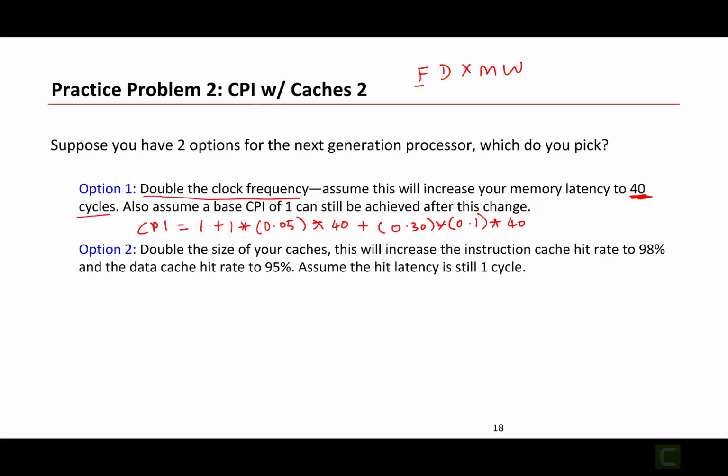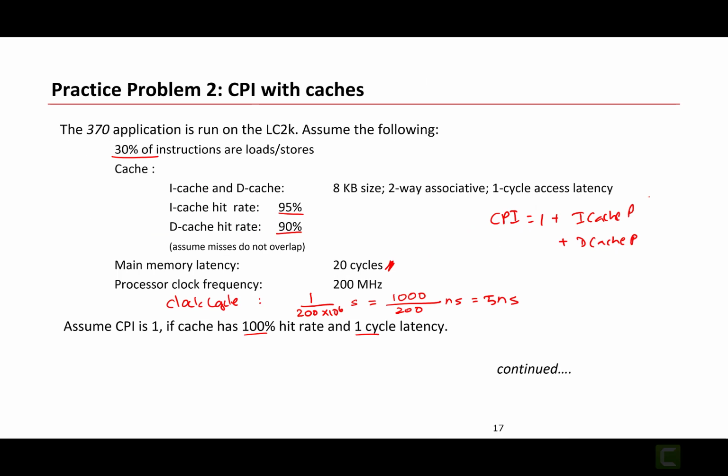So why is it the case that when you double the clock frequency of the processor, the main memory latency increases to 40 cycles? The answer is the main memory latency doesn't really increase. It stays a constant in terms of the actual time it takes to access the main memory, right?